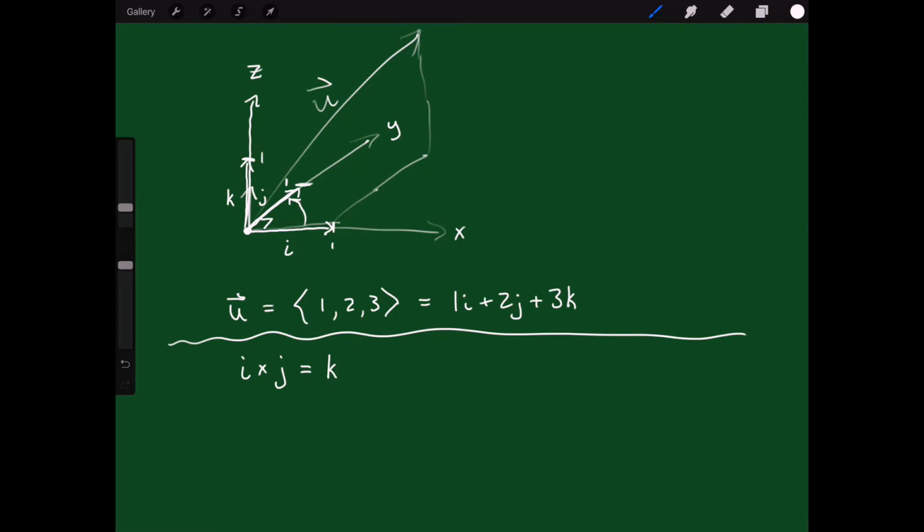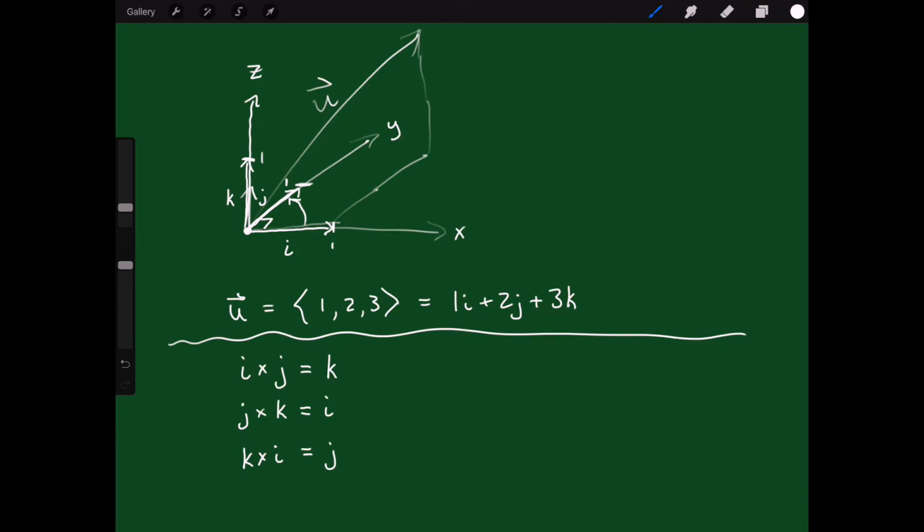Okay, this happens for all of the different vectors. Let me write down the different relationships. We've got j cross k is going to be equal to i, and k crossed with i is going to be equal to j.